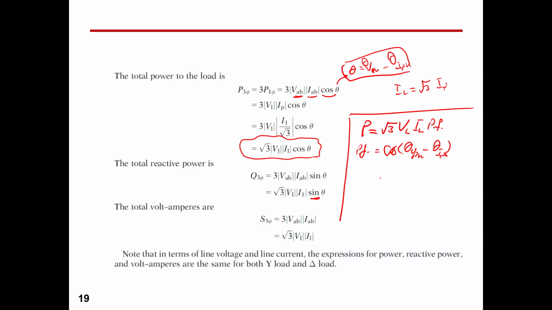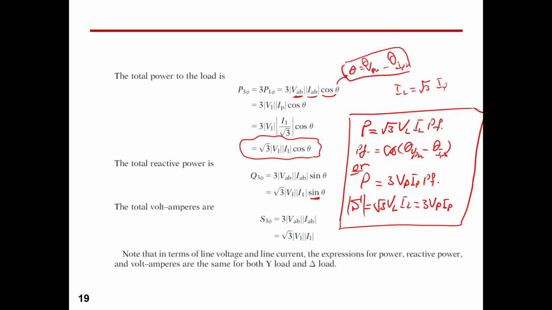Or you can say power also equals 3 times V phase times I phase times power factor, whatever the connection. And by the end, S equals √3 V line I line, this is its absolute value, equals 3 V phase I phase. Q, guys, just replace the cosine by sine.